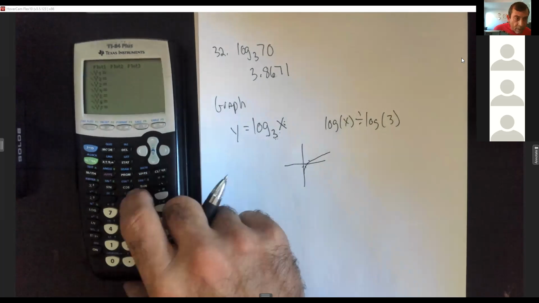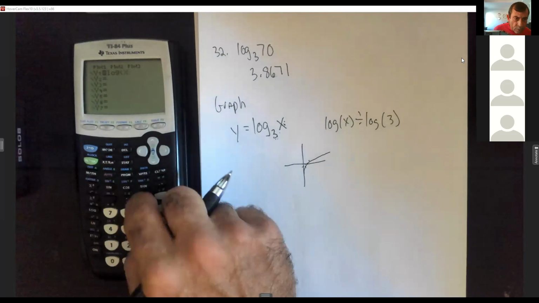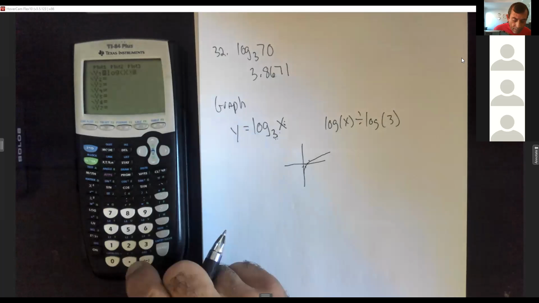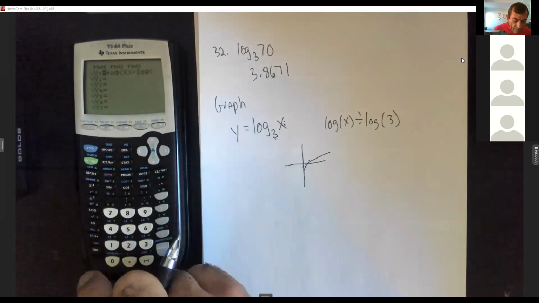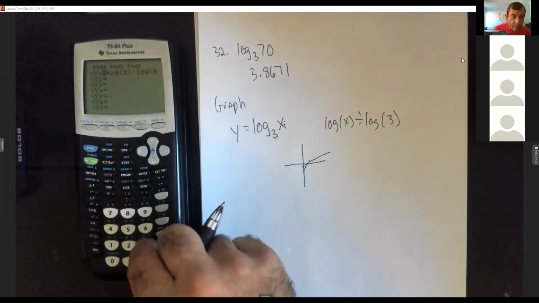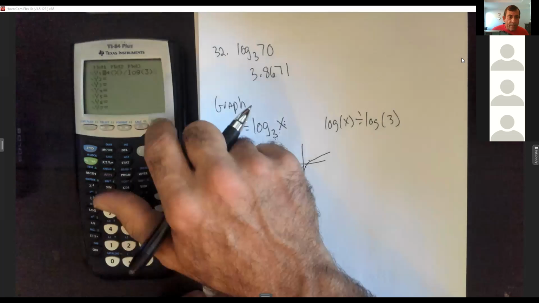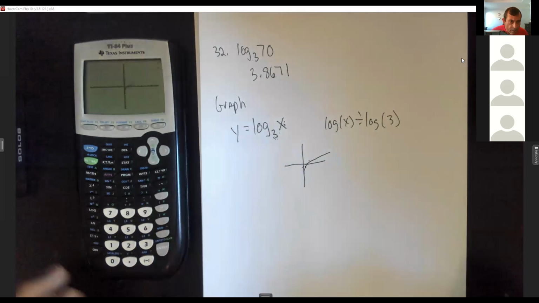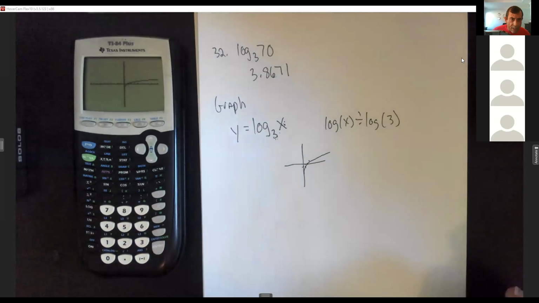All right, so we're going to hit our log, grab that X, close those parentheses. And then divide, grab that log again, and put in that 3. Close those parentheses. Okay, let me hit graph. Is it looking like what I got? I'm still getting a straight line. Hey, do this.